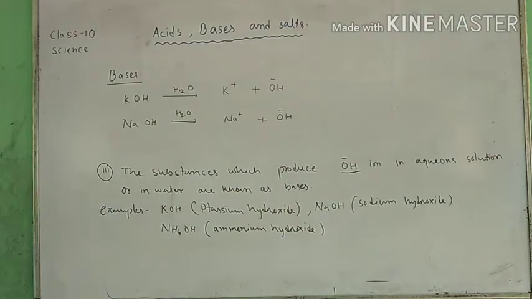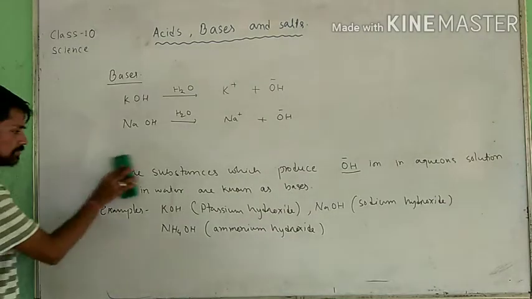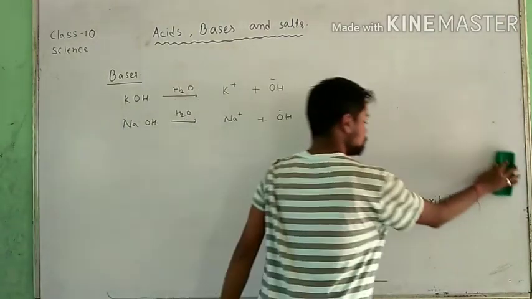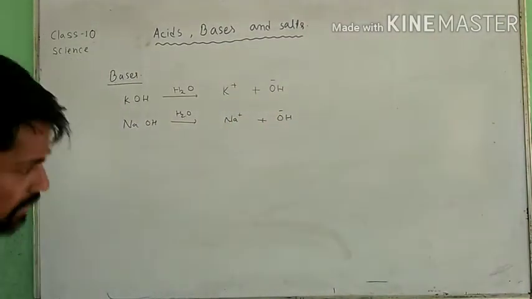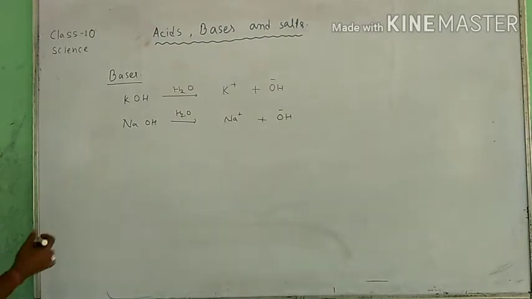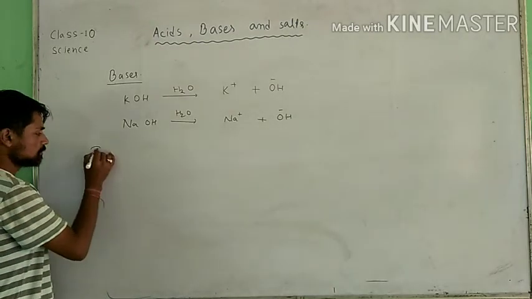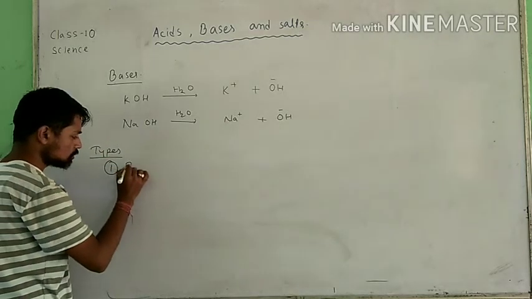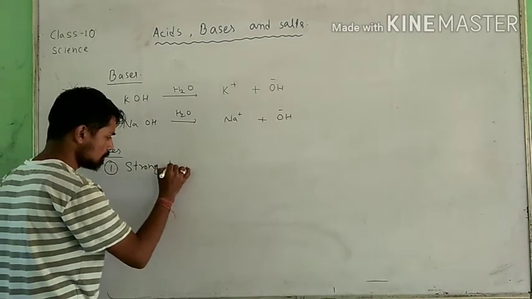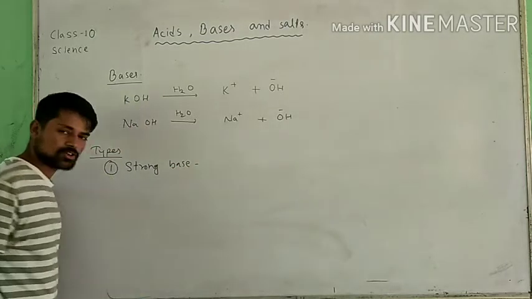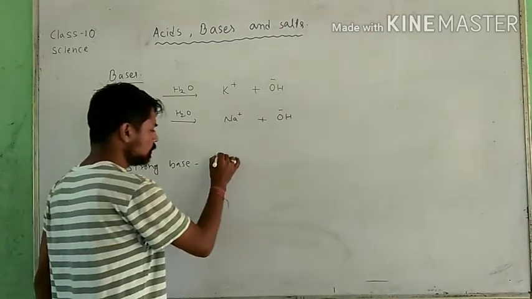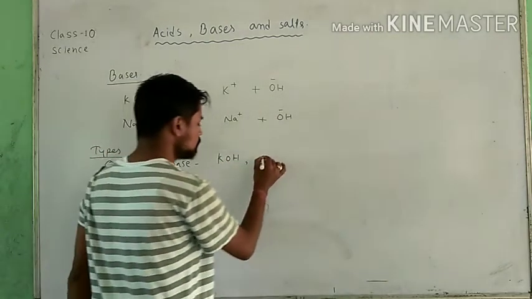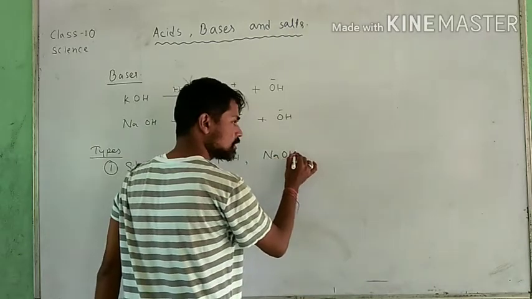Now let us see the types of bases. Bases are also classified as strong and weak bases. First classification is strong base. KOH is a strong base. NaOH is also a strong base.